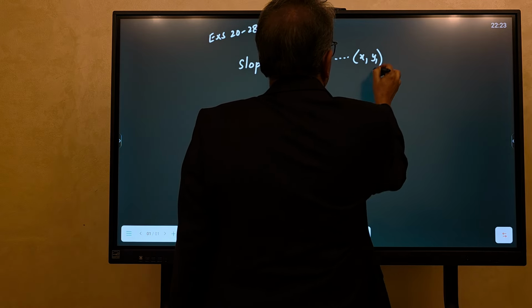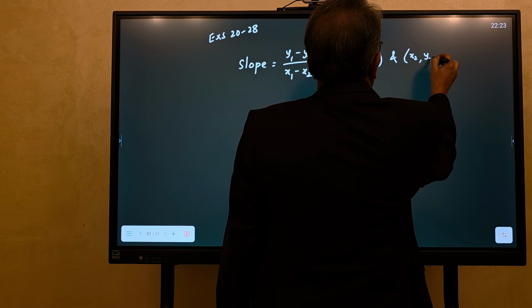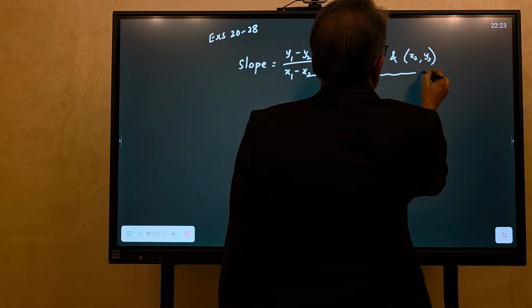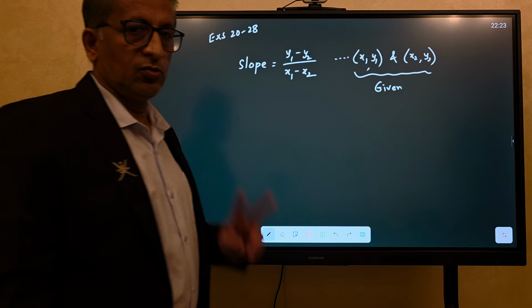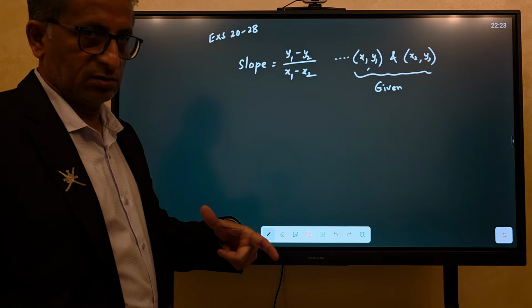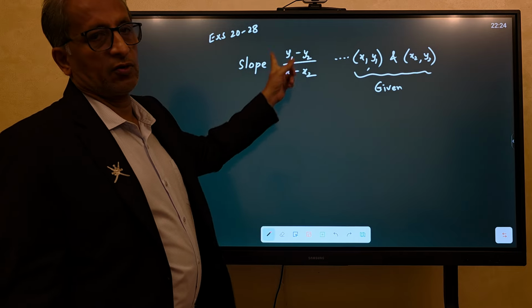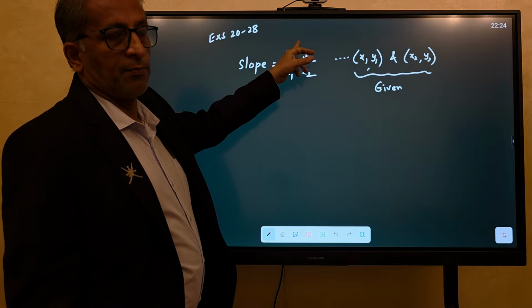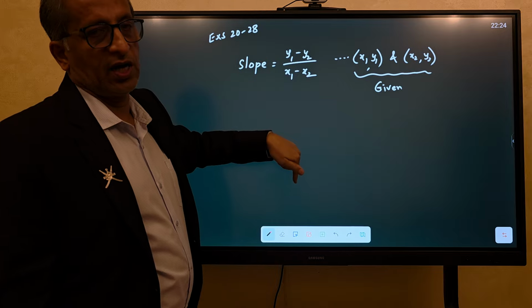x1, y1 and x2, y2. Remember, these 2 points are given. So if you are given 2 points of a line, the slope of that line is given by this formula. Remember, up is y, down is x, not x up or y down.